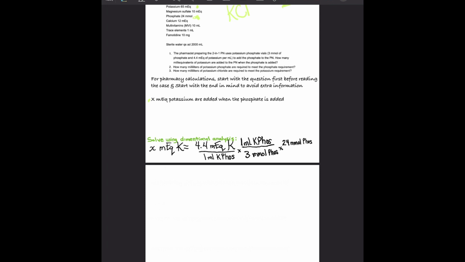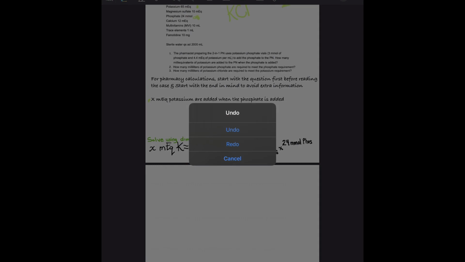I'd like to solve this using dimensional analysis. I'll rewrite what the question said. So I have X milliequivalents of potassium equals, then I want to start out with the same units that I'm looking for in my final product.